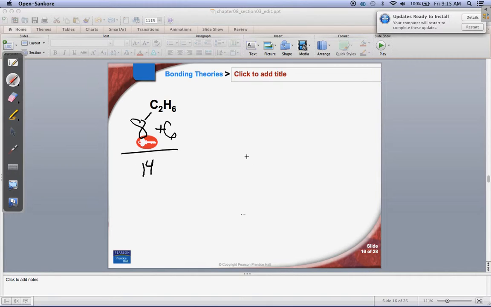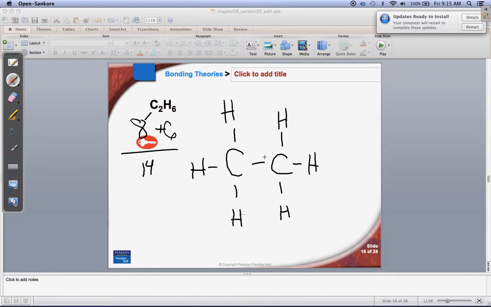All right, this one has 2 central atoms, the 2 carbons, so they want to be symmetrical, so we go 3 and 3. Okay, we subtract how many we just used. 2, 4, 6, 8, 10, 12, 14. We are out of dots, we're out of electrons.